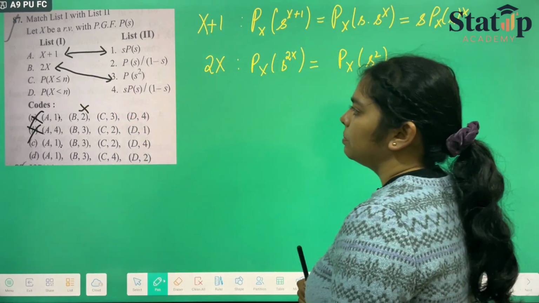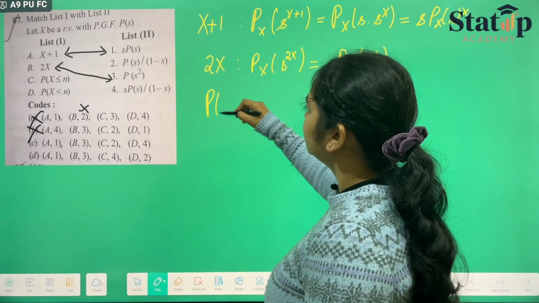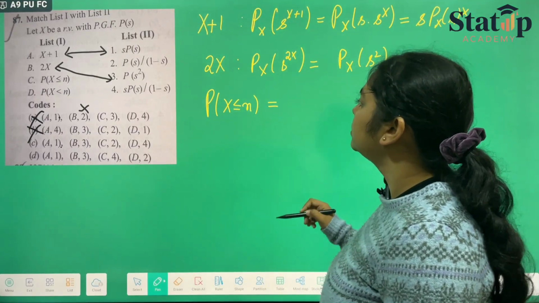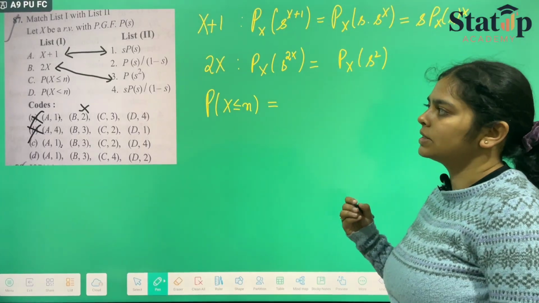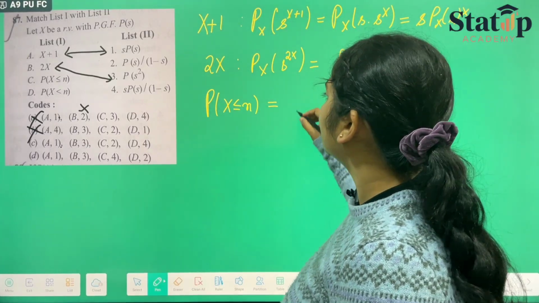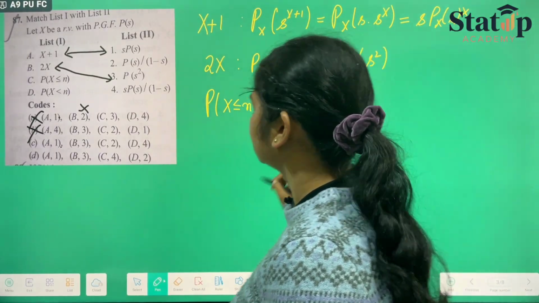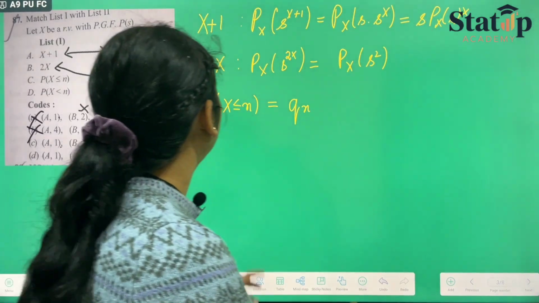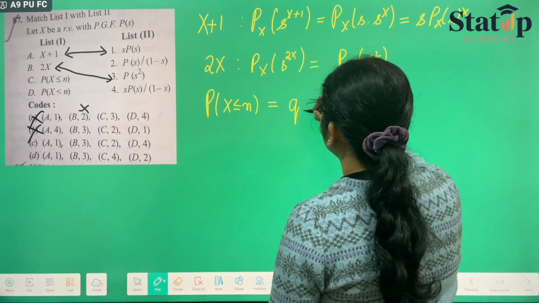Now if we have to calculate probability X is less than or equal to n, then when we say probability is less than or equal to n, we are talking about Q_n.